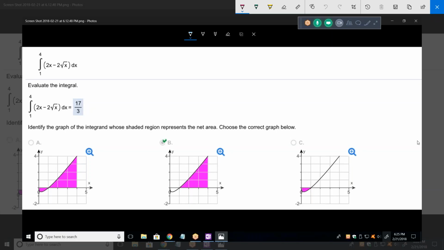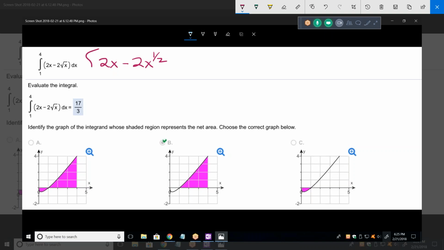Okay, so what's the antiderivative? I think it's always worth writing it using no radical signs. So there's our function. Now it's pretty easy to integrate or find the antiderivatives of that.